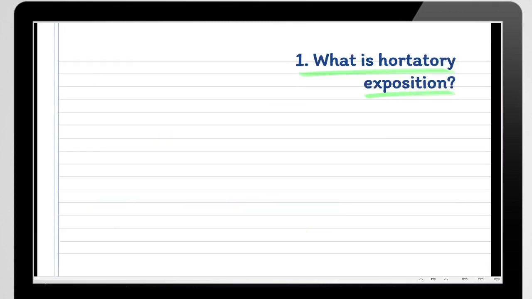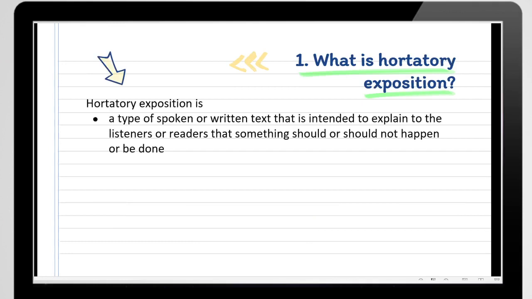What is hortatory exposition? Hortatory exposition is a type of spoken or written text that is intended to explain to the listener or readers that something should or should not happen or should not be done. So we can say this is a text to persuade readers through comprehensive explanation or arguments.